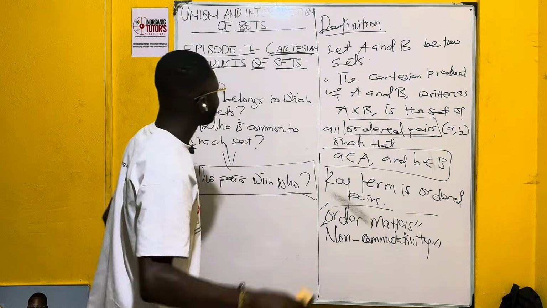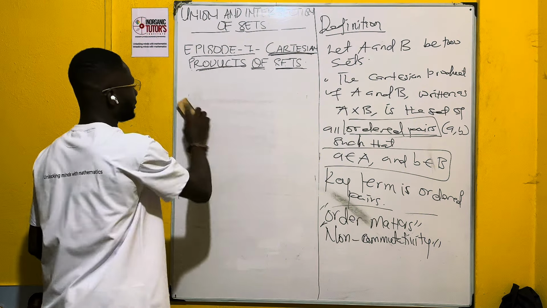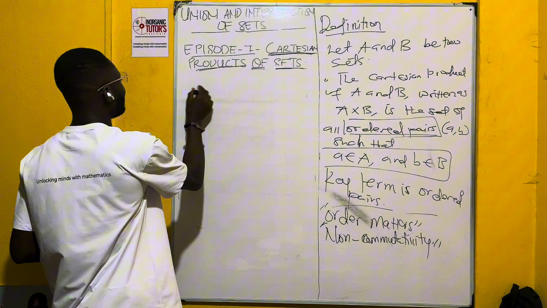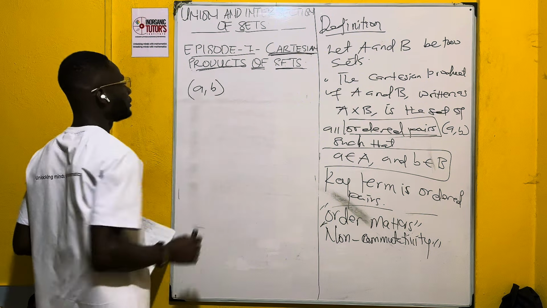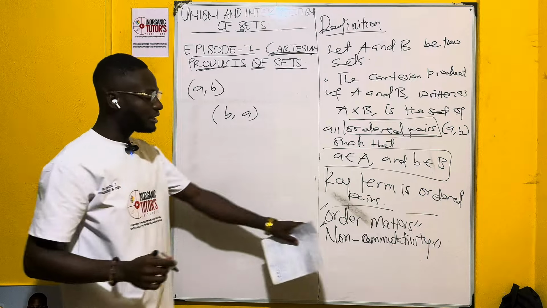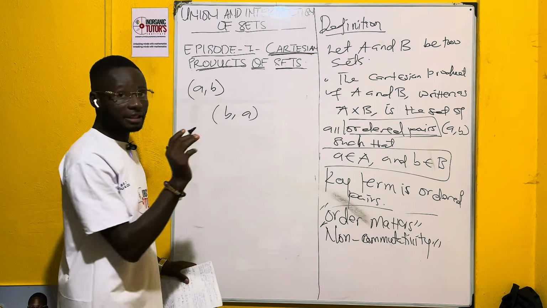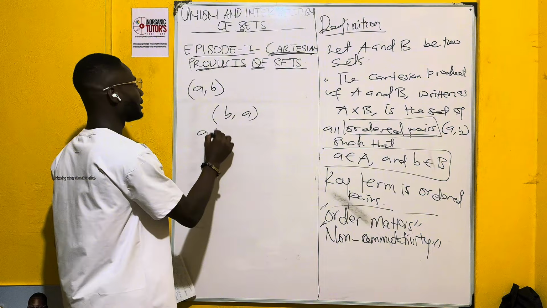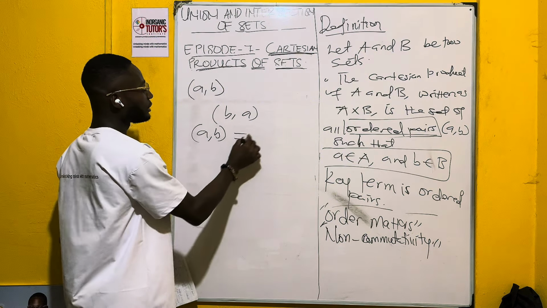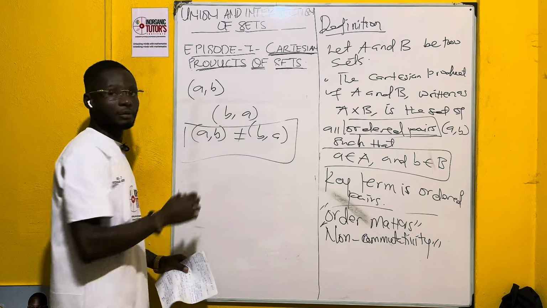So let's say we have element A and B, and another element B and A. If order matters, then it is not commutative. And if it is not commutative, then that means that (a, b) is not equal to (b, a).